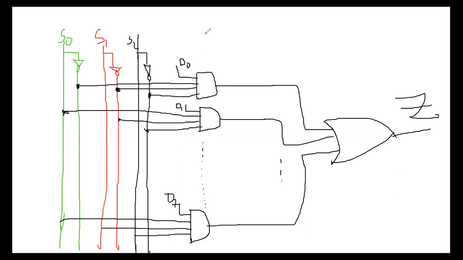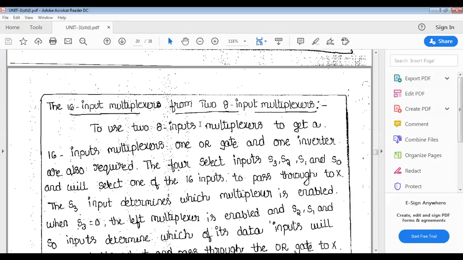And now let us see how you can design the 16 input multiplexer from 2 8 input multiplexers. So we already saw the 8 input multiplexer. By using this 8 input multiplexer, you can design the 16 by 1 multiplexer.